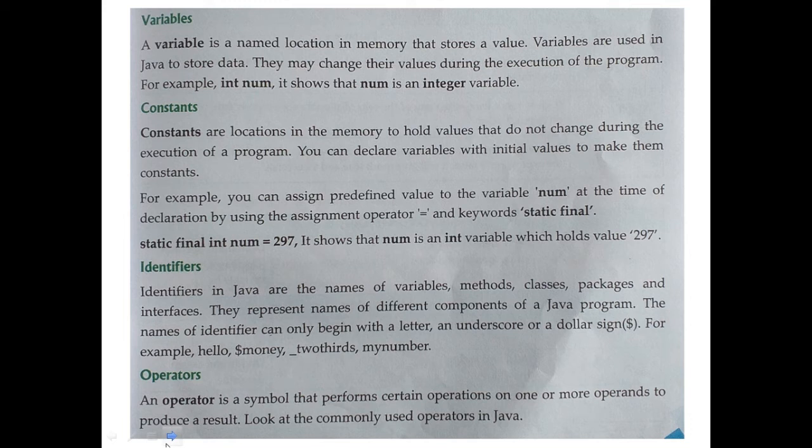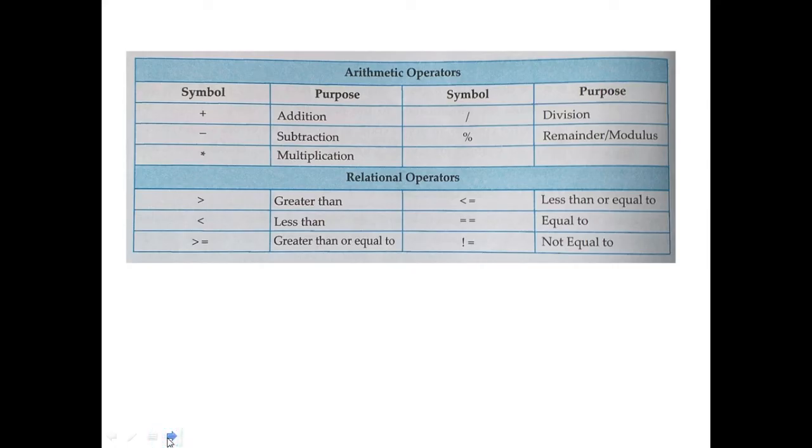Then children, we have operators. An operator is a symbol that performs certain operations on one or more operands. Like we write a plus b. Here plus is the operator. Operator means which executes on the values. Values are known as operands. In Java, we have multiple types of operators.